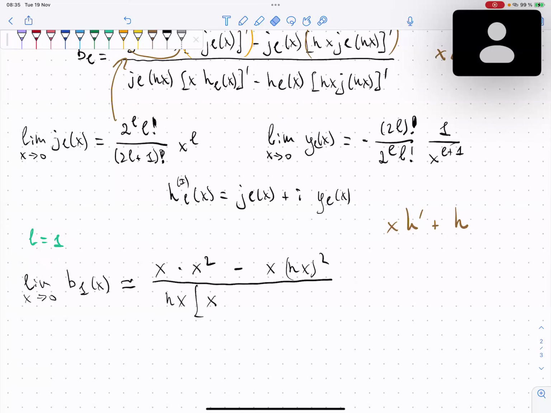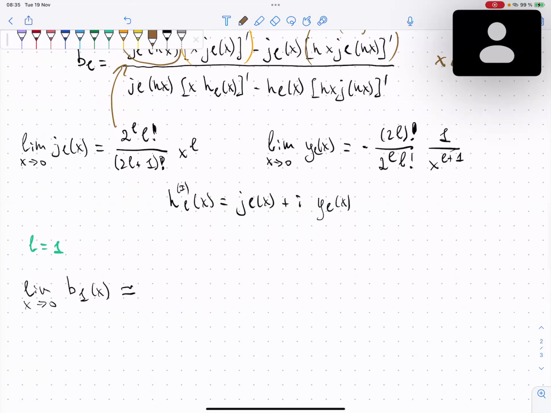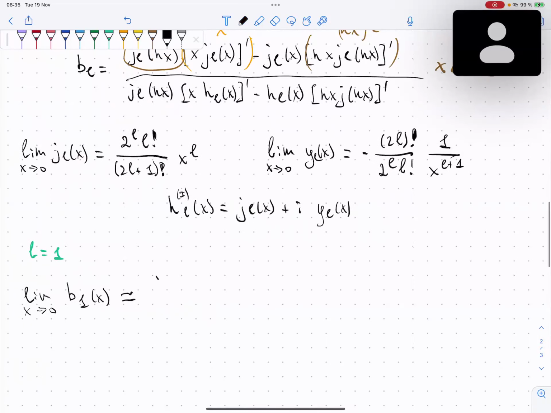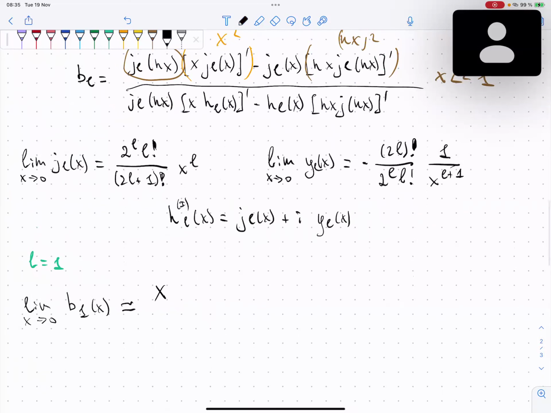Well, okay, maybe actually I can show you. I think it will take a lot of time, but basically, okay, no, let me finish this. I made a mistake here. Sorry, guys. So this first guy will be just x. The second guy will be x j prime plus j.